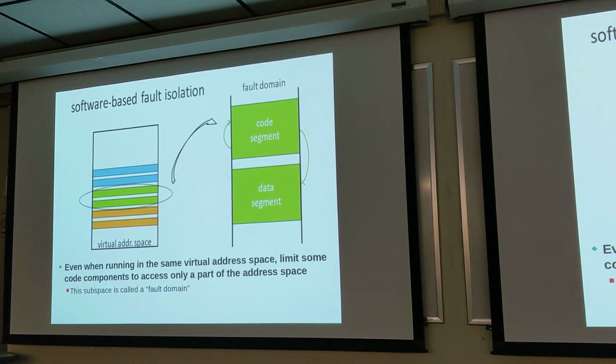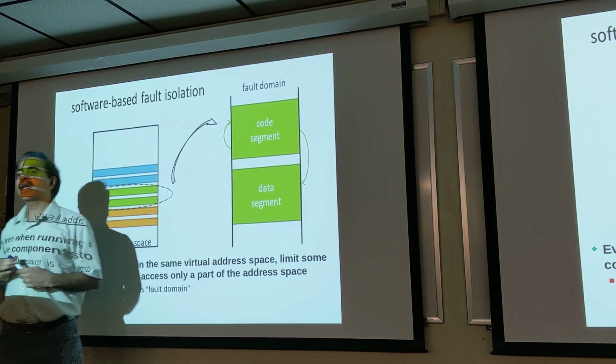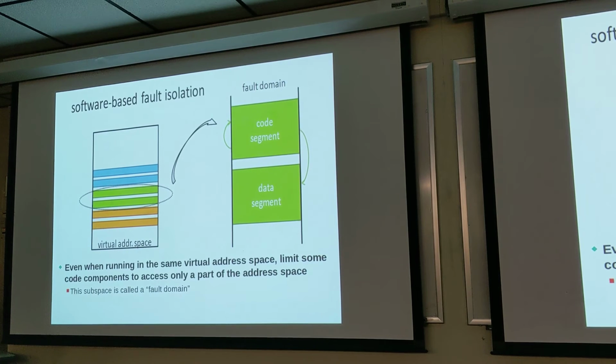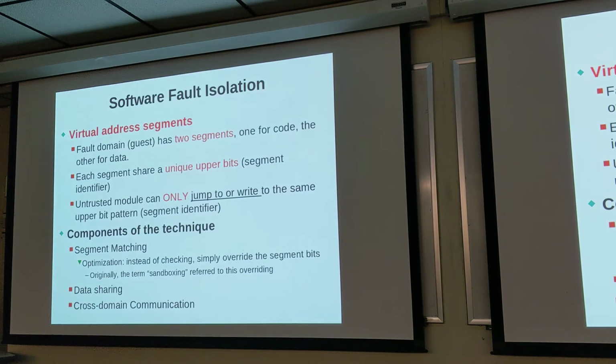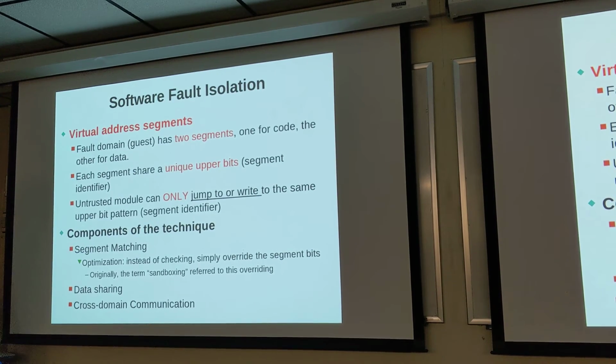The point is, before every memory access, you check whether the leading 8 bits are 76. The main thing is, of course, you need to make sure that every memory access it makes needs to be checked. They call this segment matching, which is basically checking whether the leading bits match a particular value.